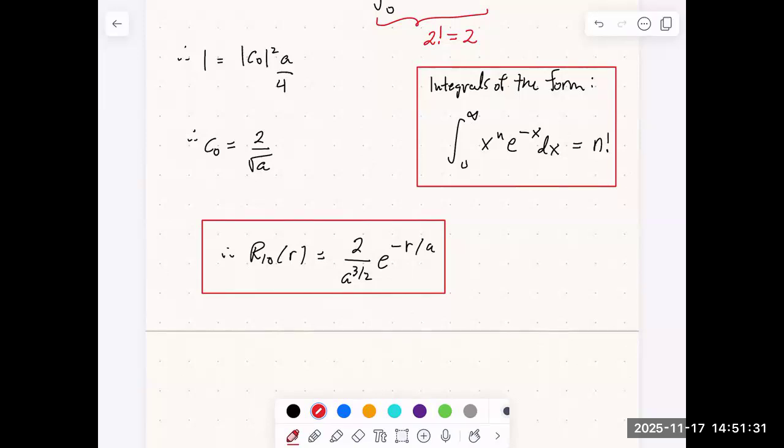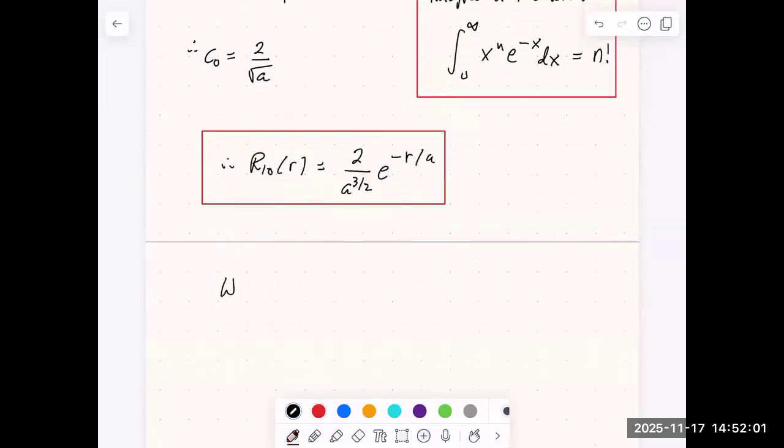That makes sense because we require the square of our wave function integrated over all space, over all of R3, to be a probability, unitless. If I square it, I get 1 over length cubed. But then when I integrate over all space, I get that length cubed in the numerator, and those cancel, and we get a unitless thing. So we can see this has the correct units.